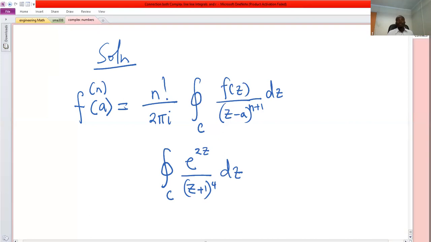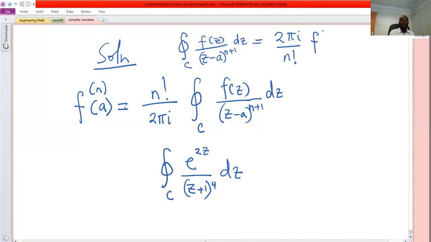So one thing that you have to remember from this general definition is that if you make the integral of f of z over z minus a power n plus 1 dz the subject, then you simply have 2 pi I over n factorial, then nth derivative at a.